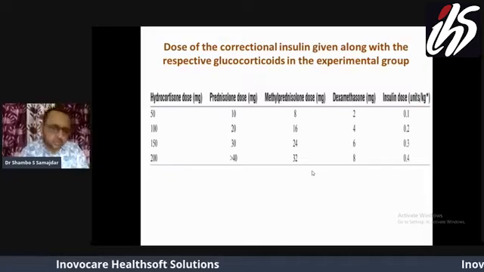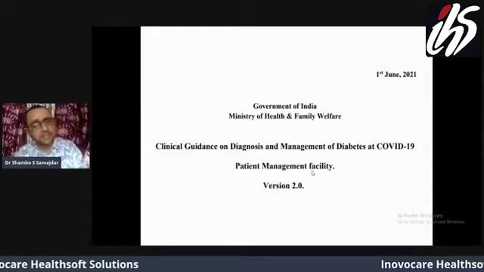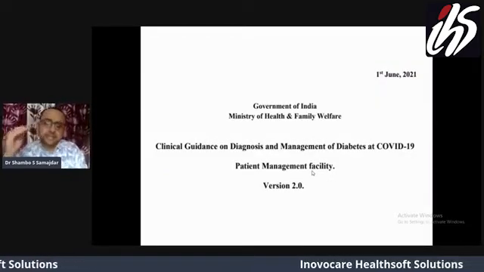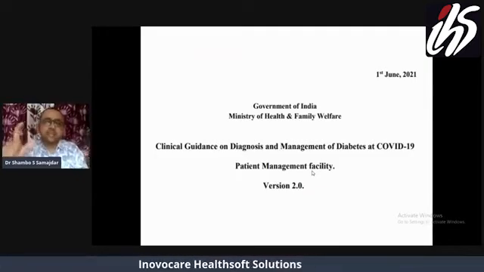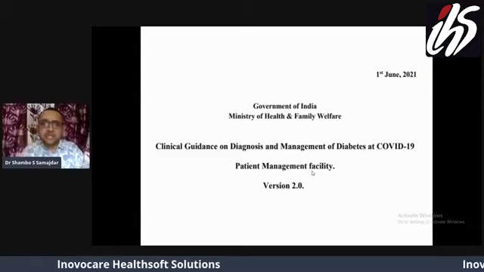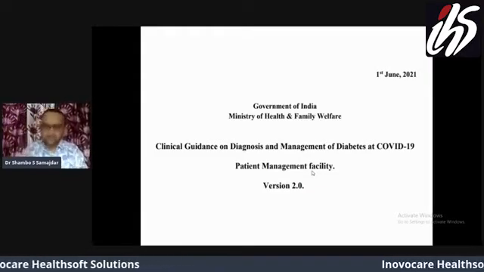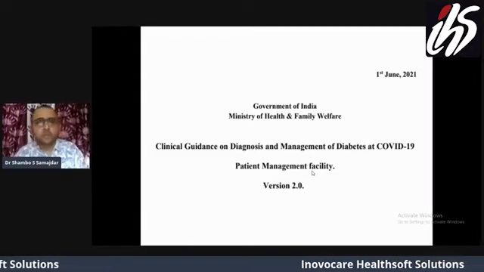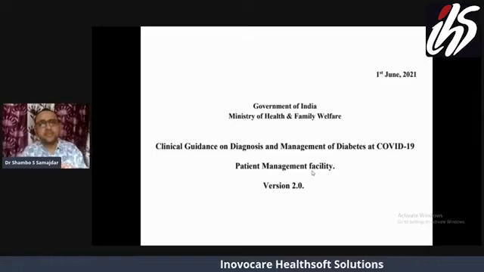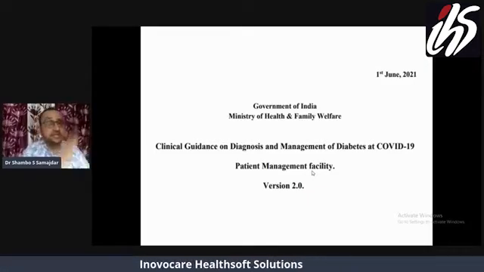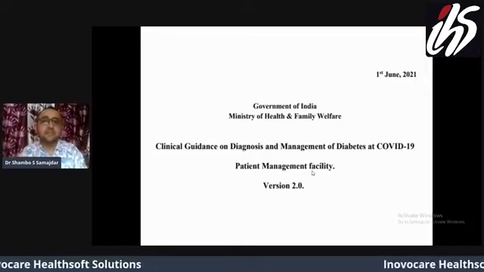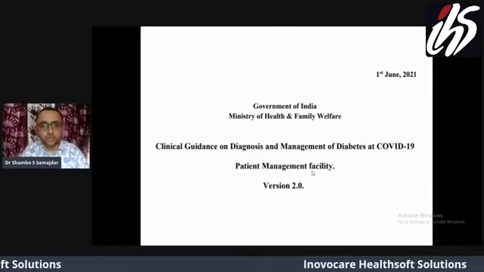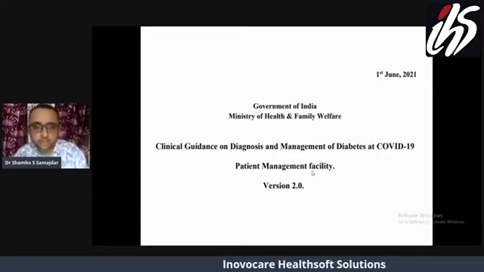So this was what they used, and they clearly showed the benefit in terms of glycemic variability, lesser hypoglycemia, and much better control. At that time the time in range concept was not there that much, but they showed a clear benefit in favor of this particular protocol compared to the conventional protocol.